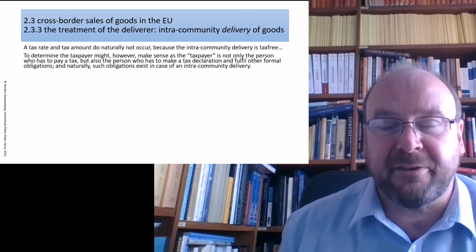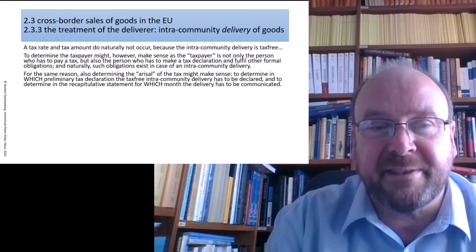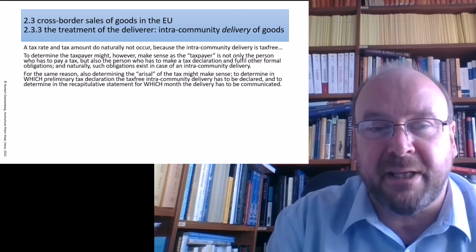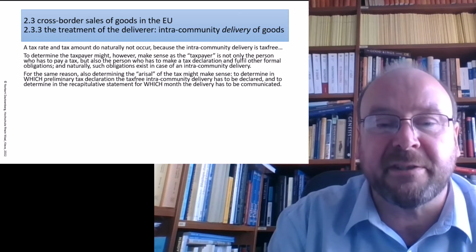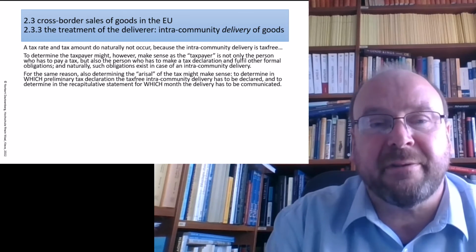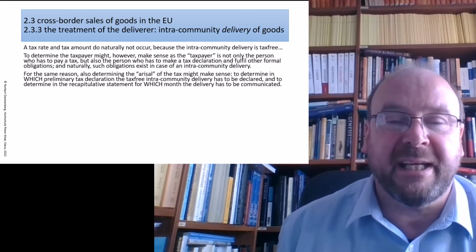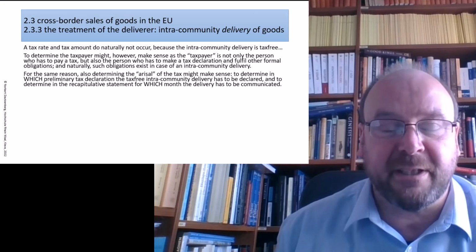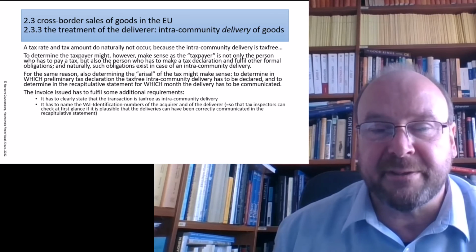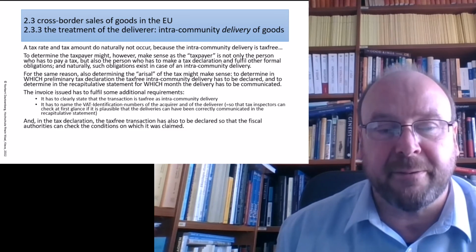So taxpayership makes sense to answer about that. For the same reason, the arisal of the tax might make sense to be determined, because you need to know when you have to declare it and for which period you have to enlist the transaction in the recapitulative statement. So that makes sense to determine these points here.